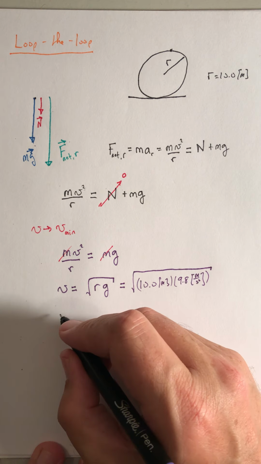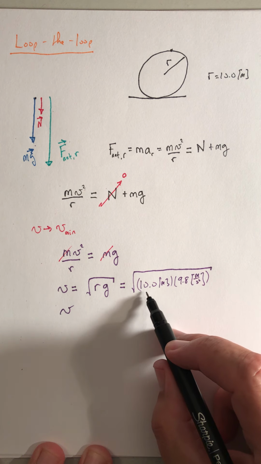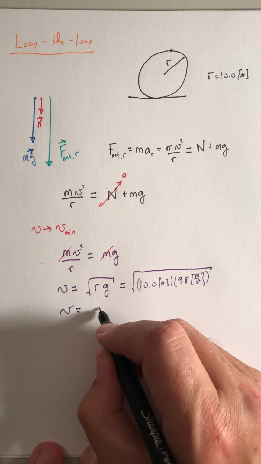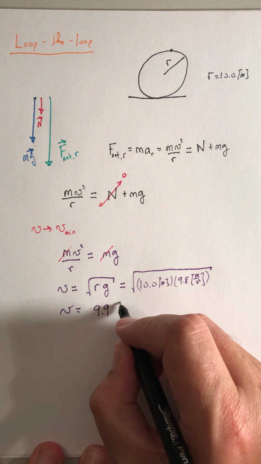And that's going to give us a speed, it's basically 10 times 10, and then the square root, so it shouldn't be too surprising. The answer is just right at 10 meters per second.